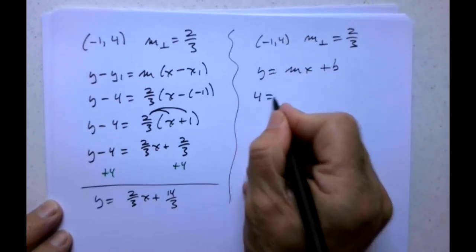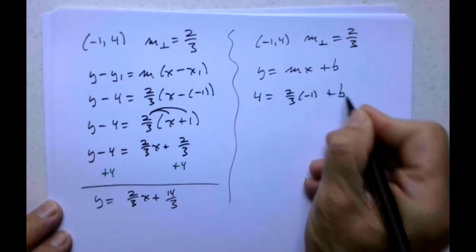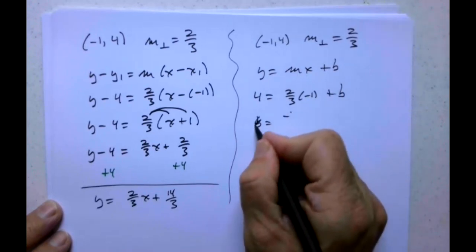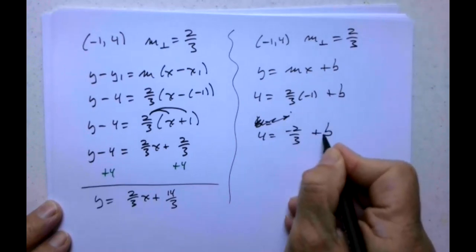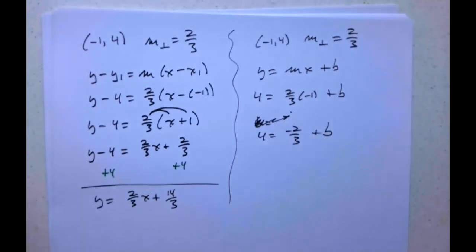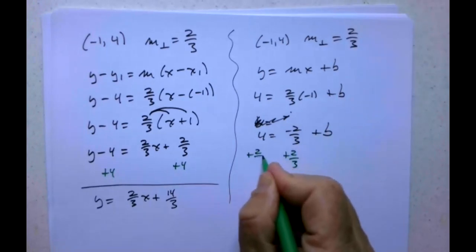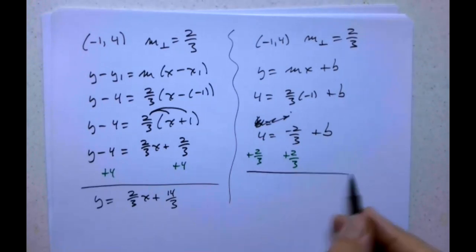Plug in 4 for y: 4 is 2/3 of negative 1 plus b, so 4 is negative 2/3 plus b. Add 2/3 to both sides, and you'll notice it's equivalent. I get 4 plus 2/3, which is 14/3, equals b.